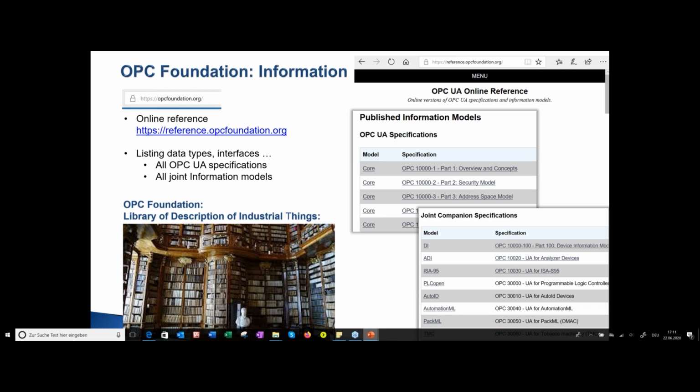So if you're looking for a pump, for example, or a motor, you don't have to reinvent the wheel. Instead, reuse what's available. And if something is missing, please extend it or contact the group for the pumps to let them know what's missing and what would be a good idea to extend. This also helps for automatic code generation in the future, but this is the library of the things.